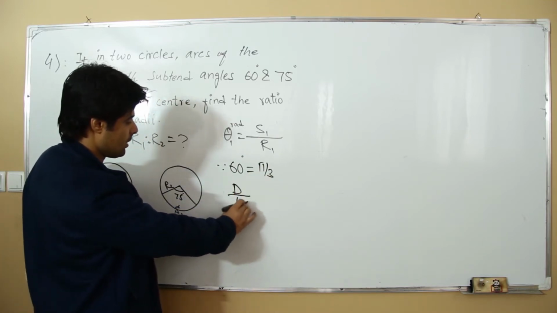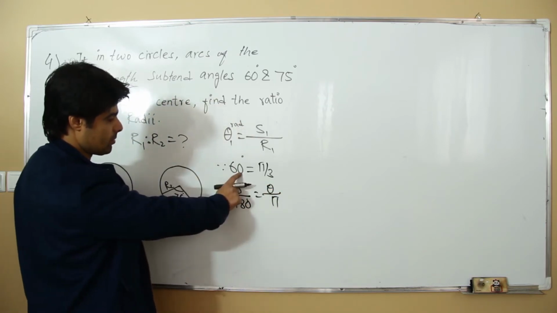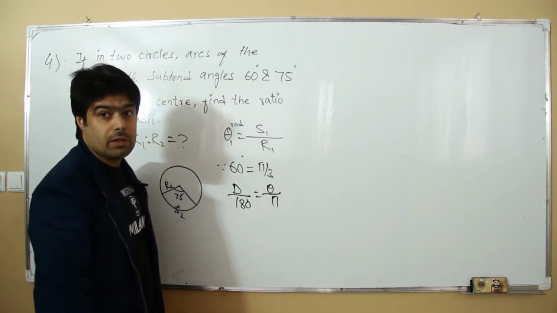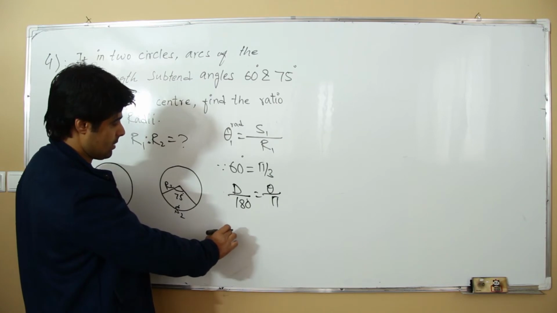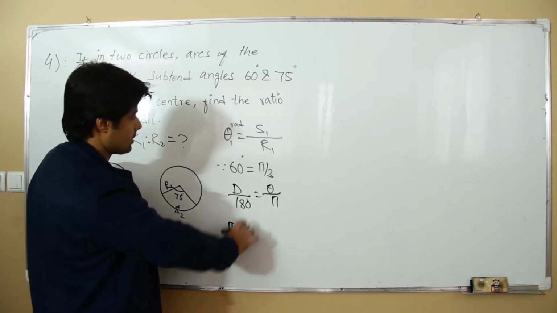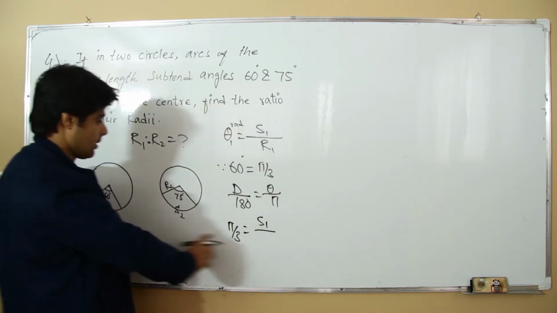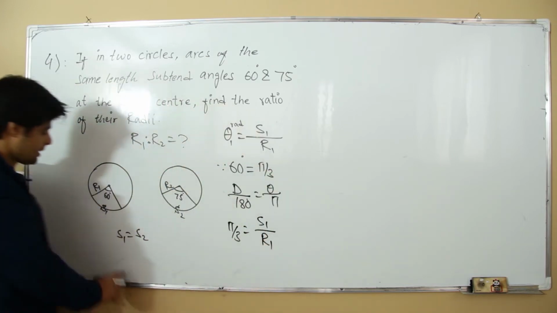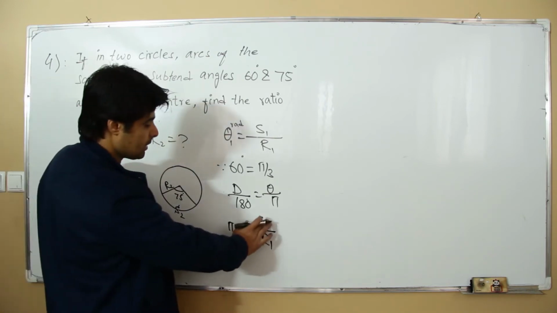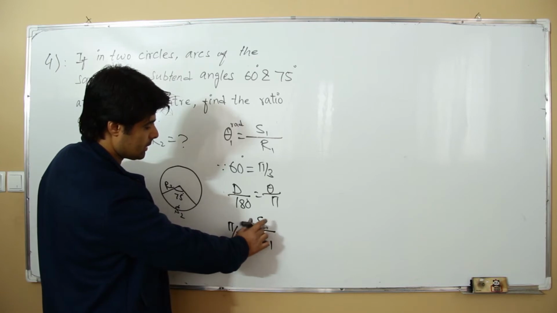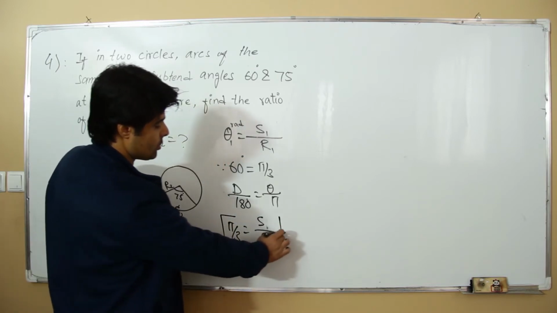D divided by 180, theta divided by pi. And instead of D, you have to put 60, and theta would be pi divided by 3. Yes. So, theta 1 is pi divided by 3 is equal S1 is S1 and R1 is R1. One thing more, that S1 and S2 are equal, so I will name S. Instead of S1, we will put S. Now, this is our first equation.